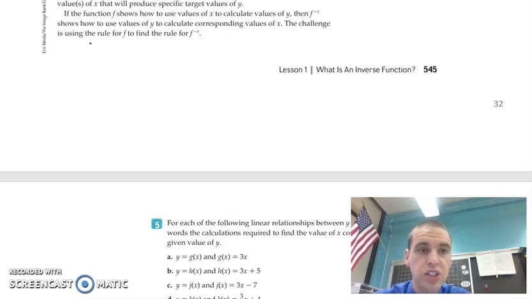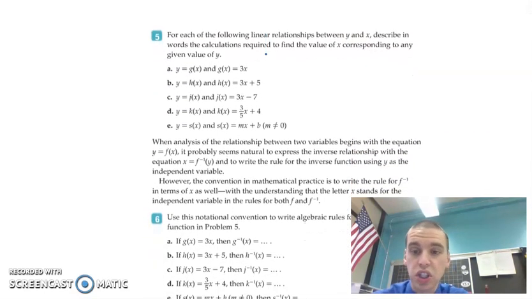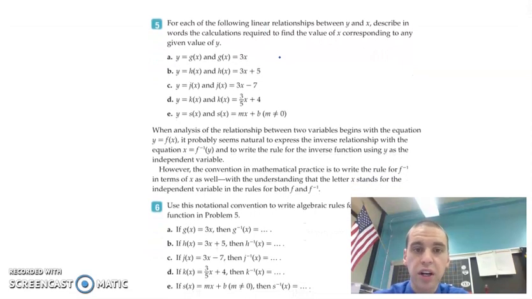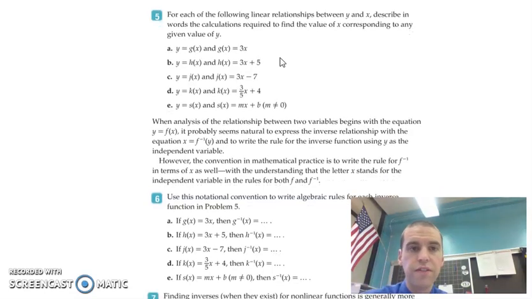Then the challenge is using the rule for f to find f inverse. And in class we looked at how to do that. We're going to finish that up here for 5 and 6. So for 5, I'll begin, and then you guys will finish this, and then we'll look at the correct answers afterwards.